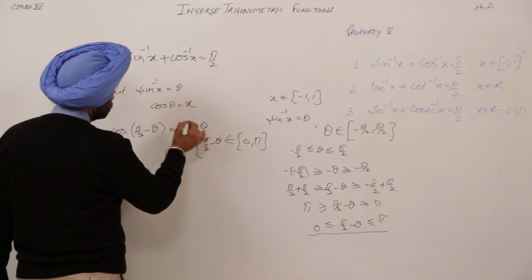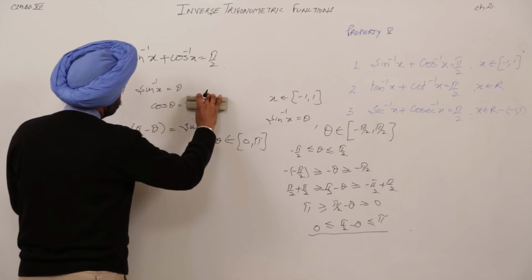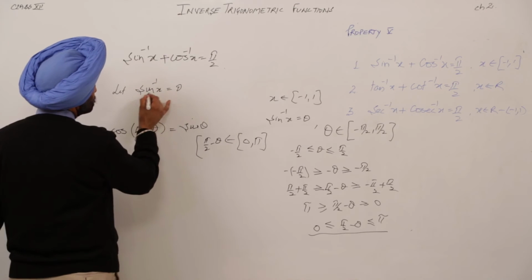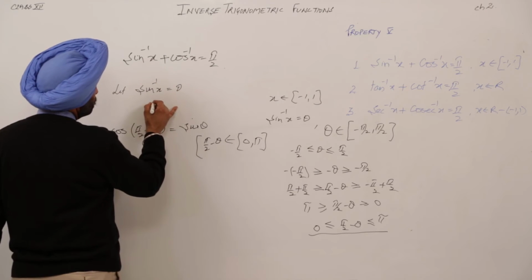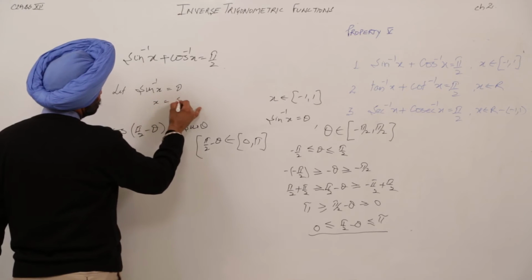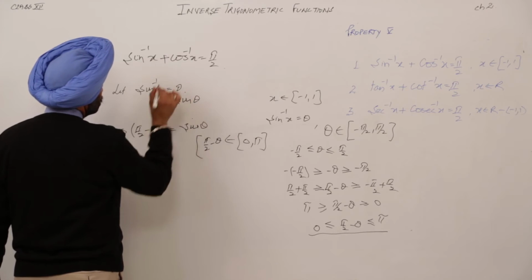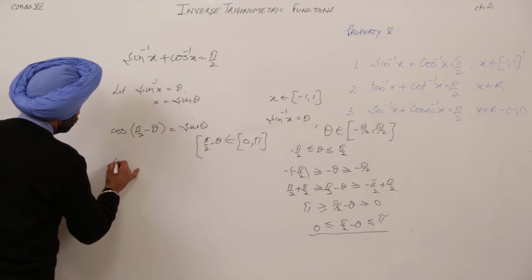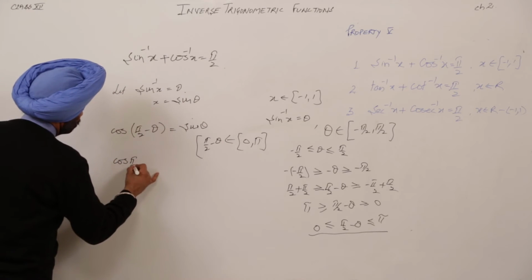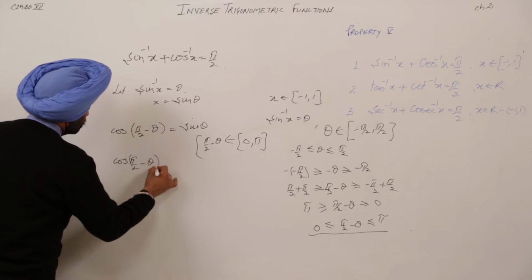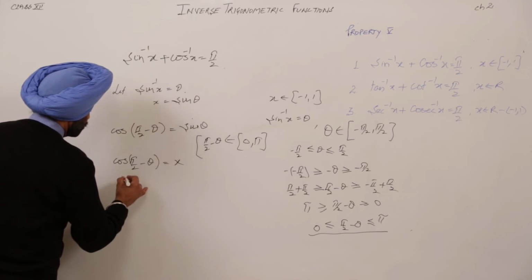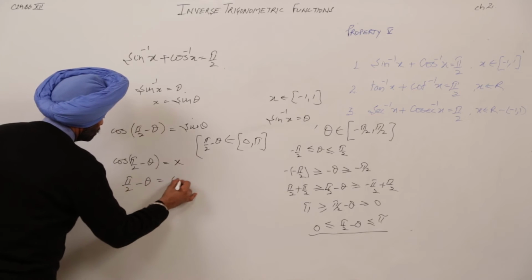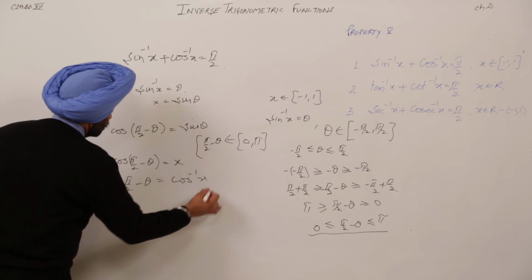Sine inverse x is equal to theta, so x is equal to sin theta. Now when x is sin theta, we can write it as cos of pi by 2 minus theta is equal to x, or pi by 2 minus theta is equal to cos inverse x.